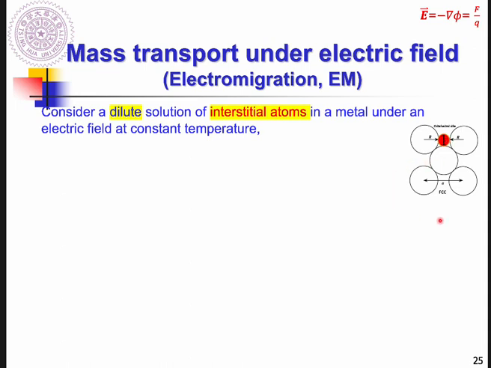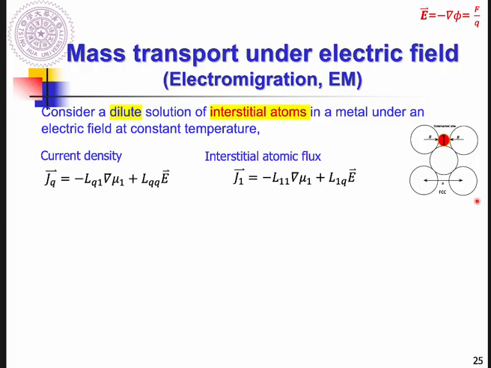And when I connect these materials to the battery, I apply an electrical field on it, and I hope you can write down the current density and also the atomic flux for these interstitials. And there are two possible driving forces. Based on the flux force equations, we have the chemical potential gradient that contributes to the current density and also the interstitial atomic flux.